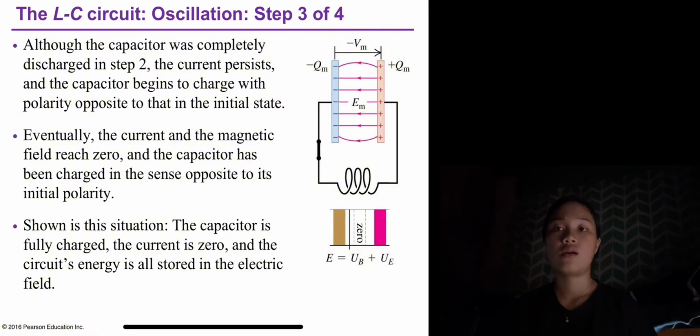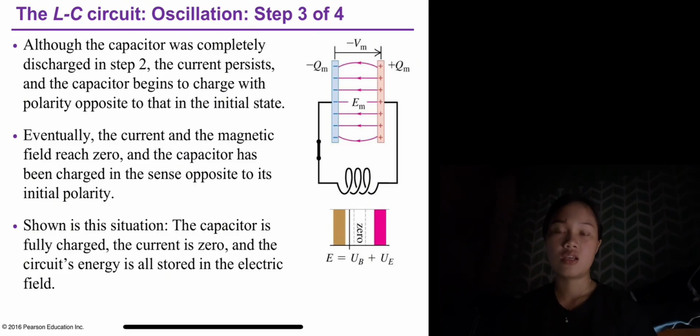So this continued flow begins to recharge the capacitor. However, the charge now builds up with opposite polarity. So the direction of the electric field now reverses. So energy continues to shift forms without loss.